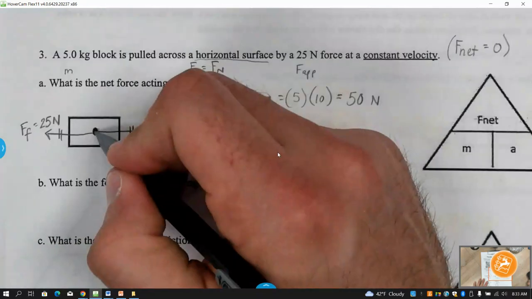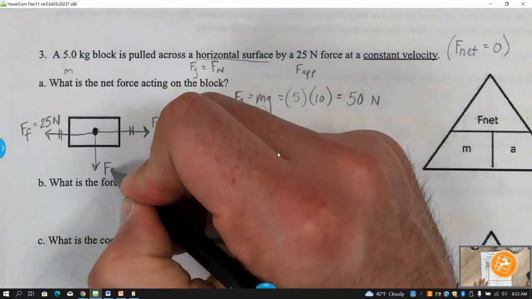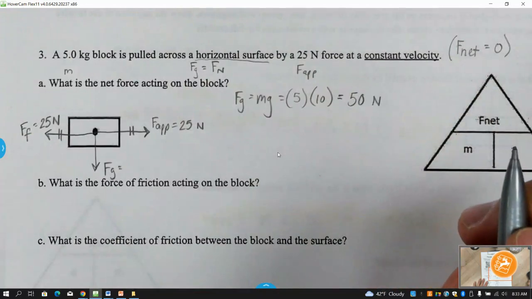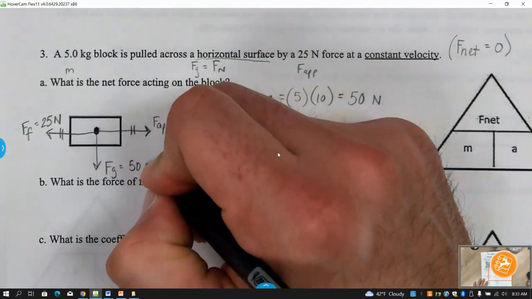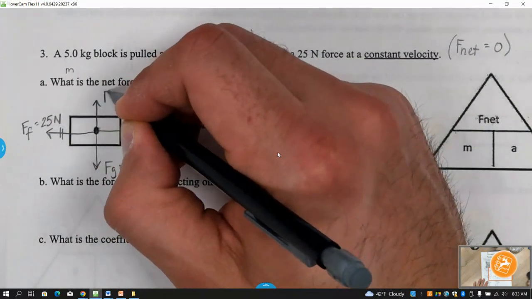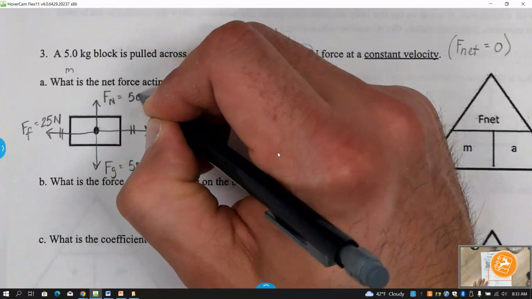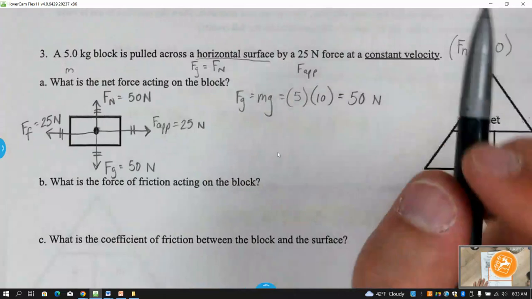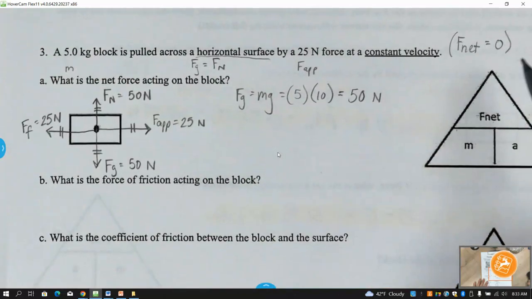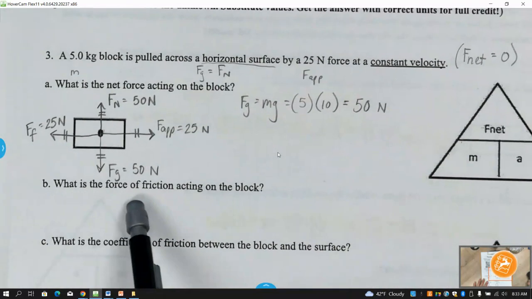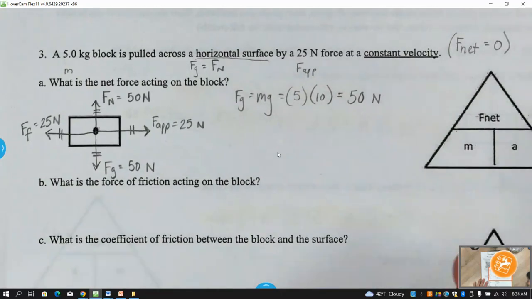Good, draw it in. 50 newtons, very good. And draw in my normal force, which is also 50 newtons. Again, that one needed no math. So if I do this, guys, guess what? All my forces are balanced, and my net force is 0. This is excellent. What is the force of friction acting on the block?